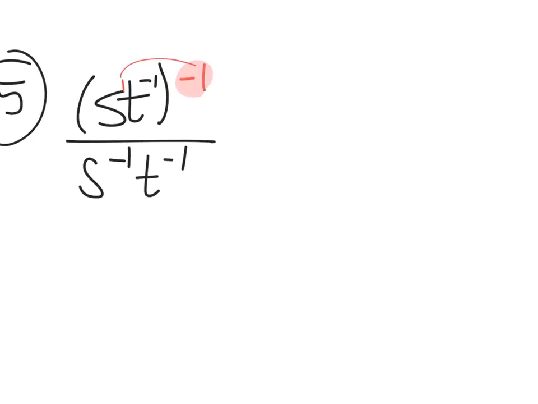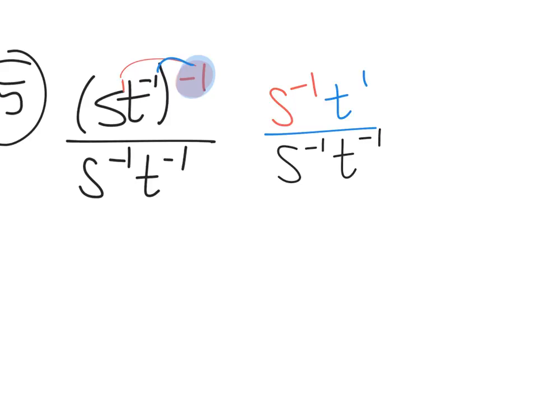So if I distribute that 1 in, then I have s to the negative first. And I have to distribute the -1 times the -1. That gives me t to the positive first, over still s to the negative first, t to the negative first. Why do my s's cancel? Yes, they're the same on top and bottom, so they cancel.